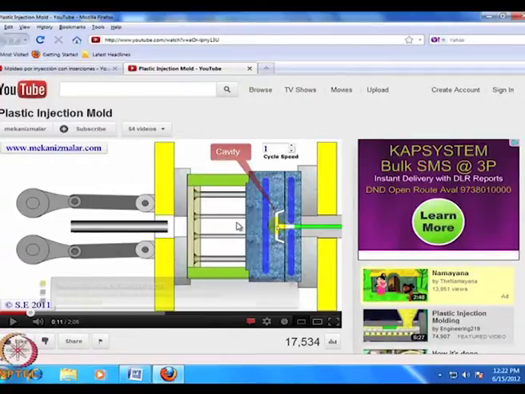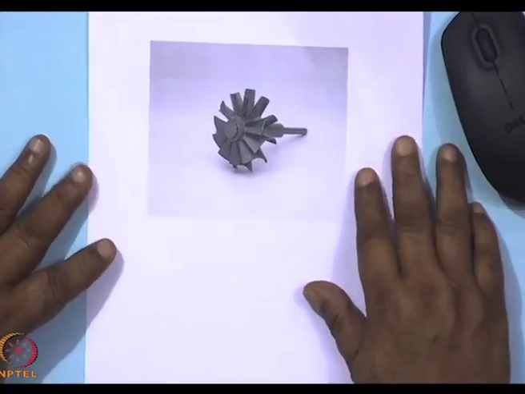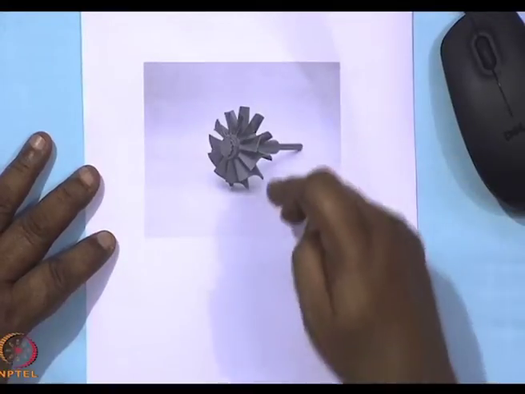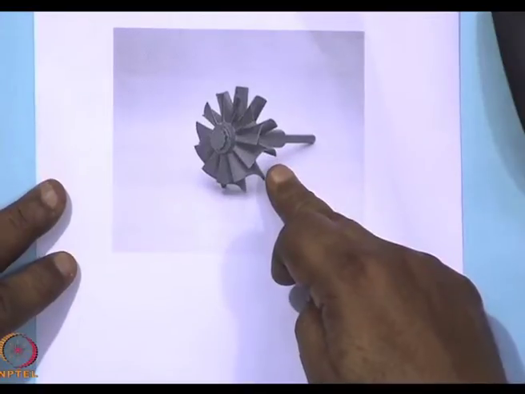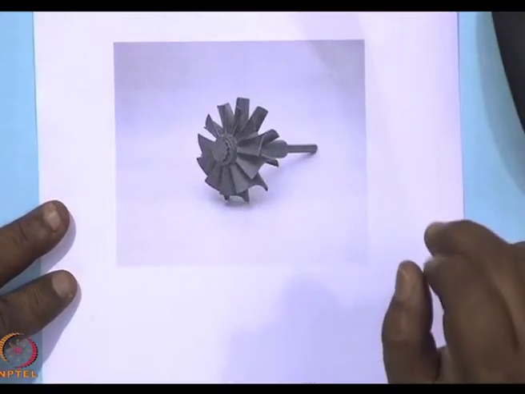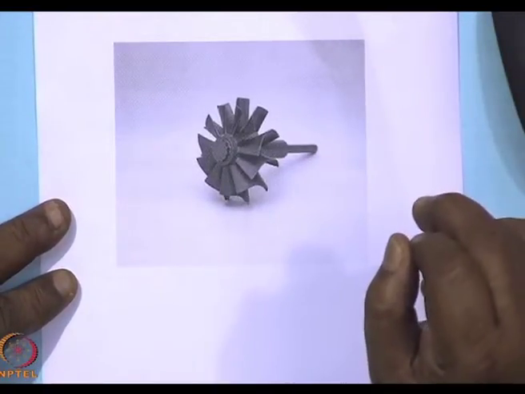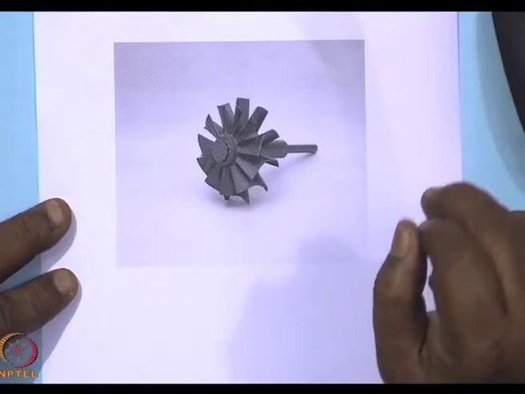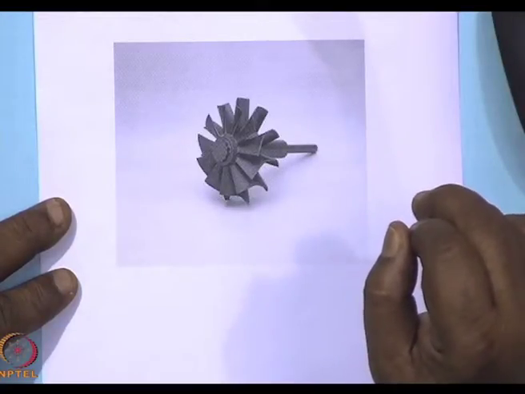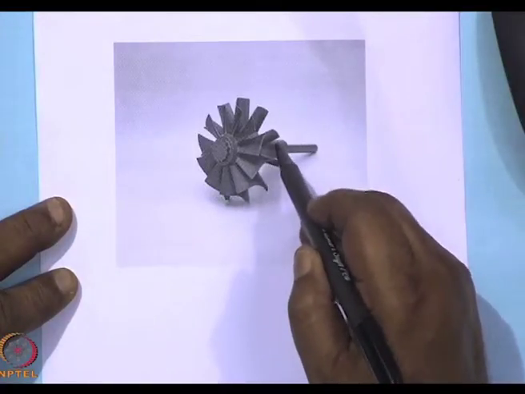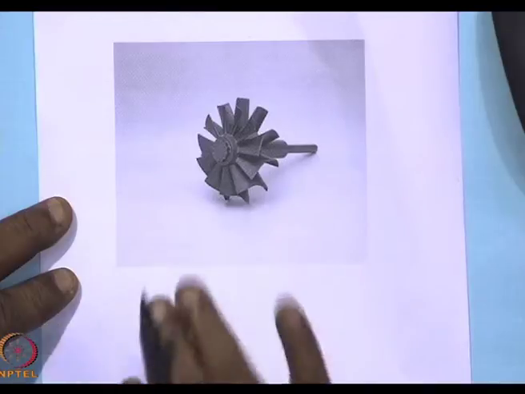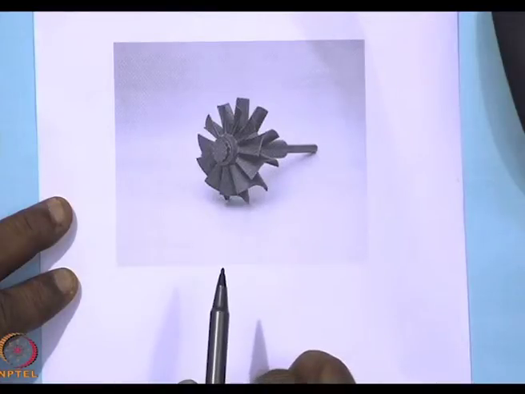And if we are ever going to make such a complex rotor by injection molding, this is the silicon nitride rotor which is to be used in space, the thickness of the blades is varying depending on what the angle is.